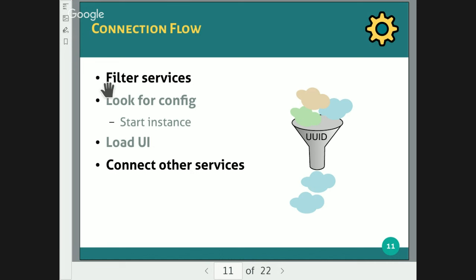In case this is a user interface, we will also start looking for a config service, where we can get a remotely deployed user interface. Then we load the user interface, of course. And once this is done, we connect to the other services from the list. Yeah, this is how a typical connection flow works.